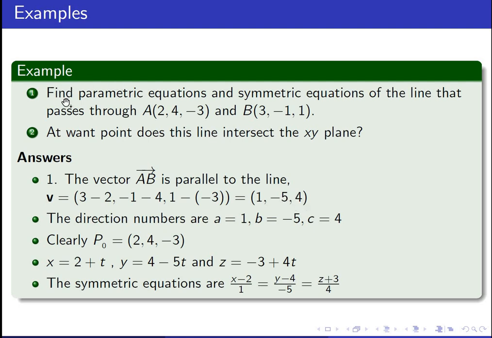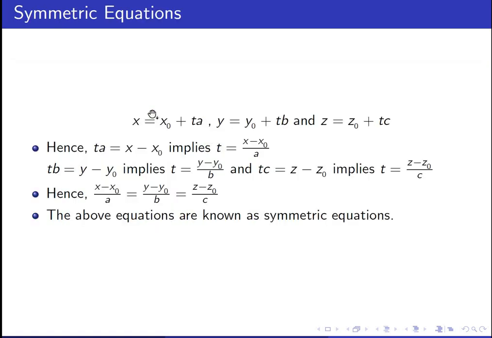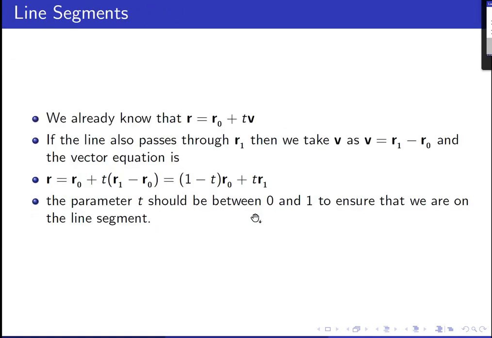Remember, when we need to find the parametric equation of a line that passes through 2 points, we can get the direction vector by subtracting the initial point from the final one, which is what we have. If I can just go back, which is just the same as this.